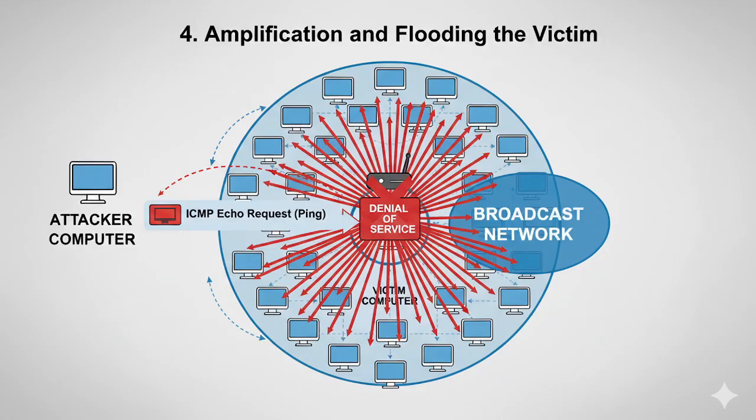From a single attacker's initial ping, we now have dozens, if not hundreds, of machines simultaneously bombarding the victim with traffic. This overwhelming volume of unsolicited traffic saturates the victim's network connection and exhausts its processing resources. The result, graphically represented by the central red explosion, is a complete denial of service, making the victim inaccessible and unusable.